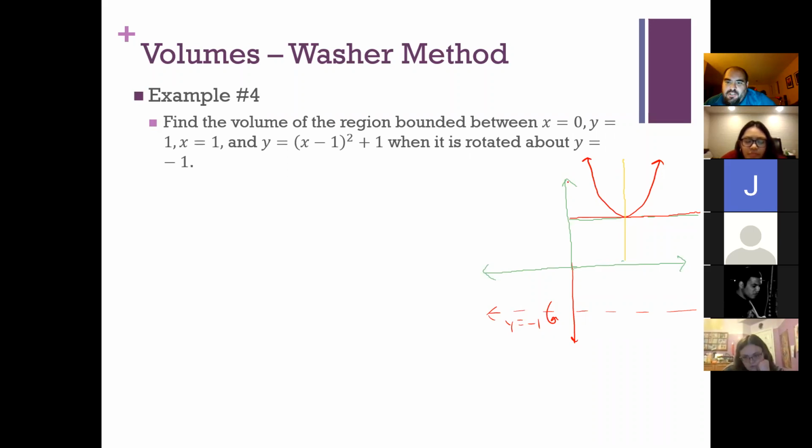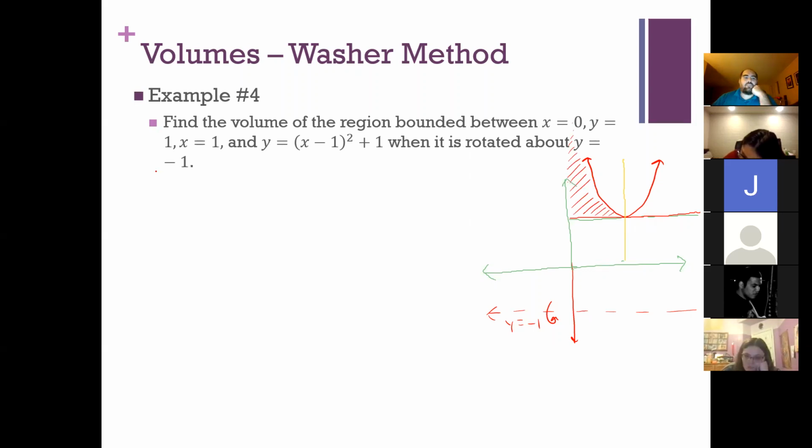So I believe the region we're talking about is going to be in here. Really, it's going to continue upward quite a bit. So it's just going to be the equation of the parabola minus the -1, and then pi.